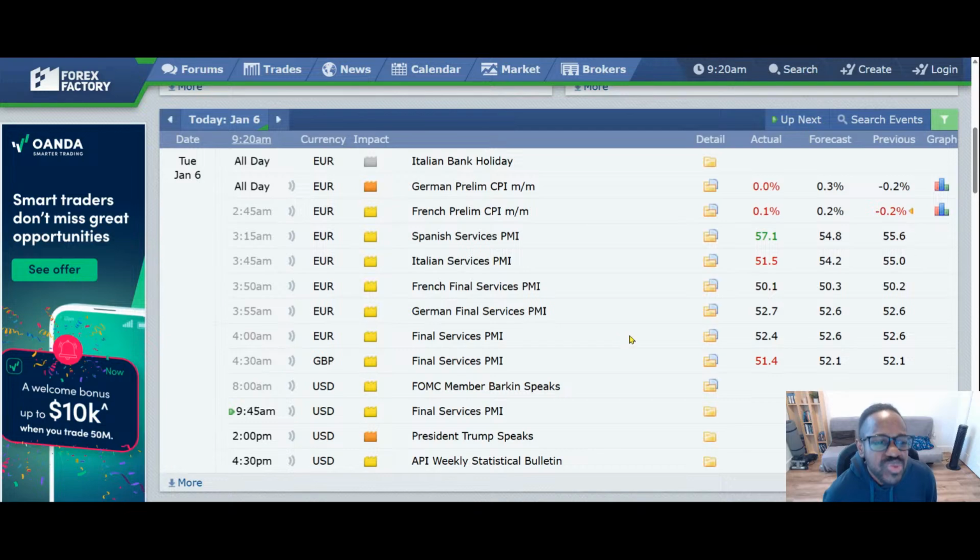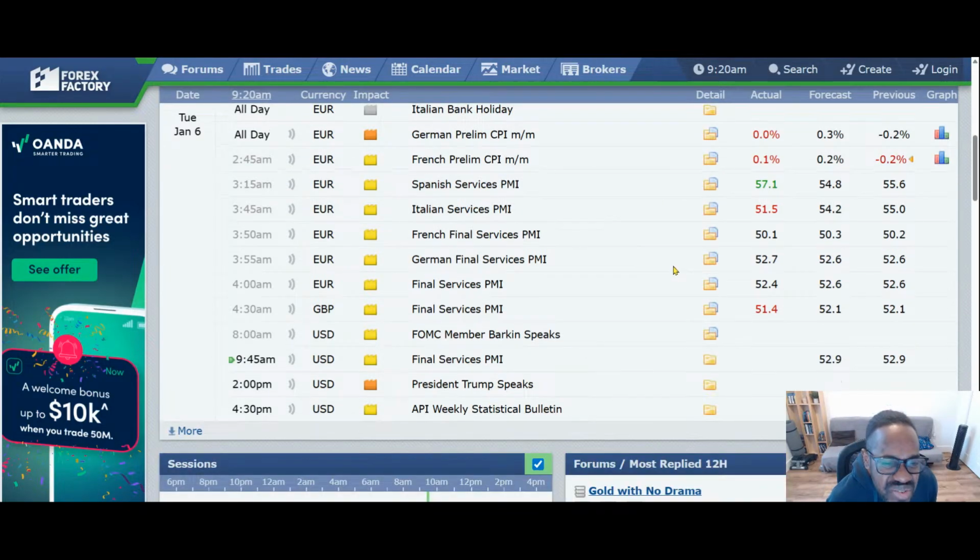We had a few news events for the Euro and Germany. I'm looking at Forex Factory, which is the number one place to look at news events and news folders. The four currencies that I'm looking for are Euro, British Pound, USD, and Yen.